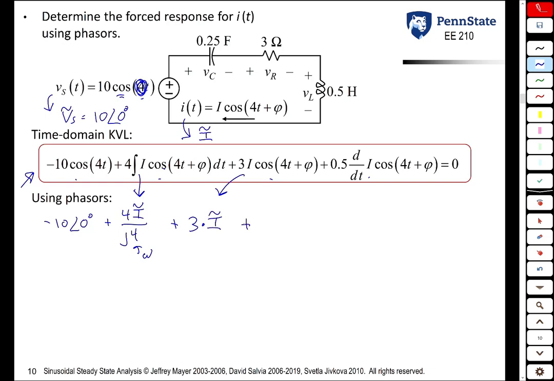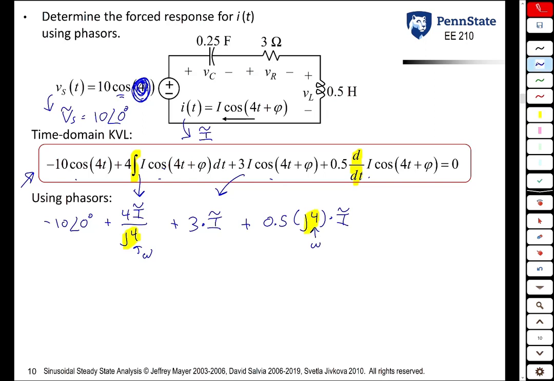How about the differentiation? 0.5 times the derivative of I of t becomes 0.5 times j omega times I tilde. Once again, this 4 is the frequency of operation. So what we see is we've taken the integration, turned it into a division by j4, and we took this differentiation and turned it into a multiplication by j4.